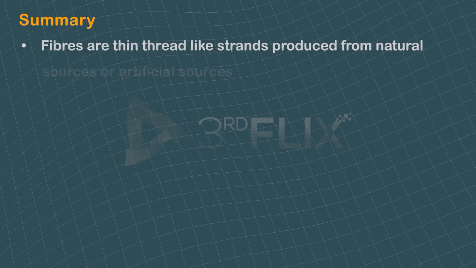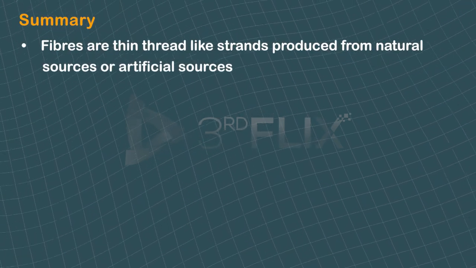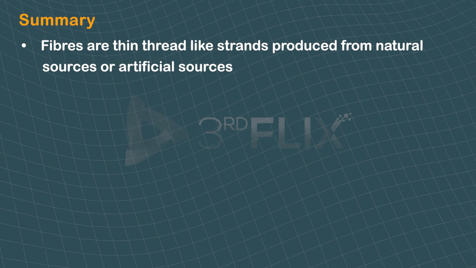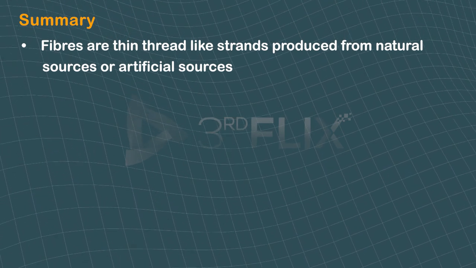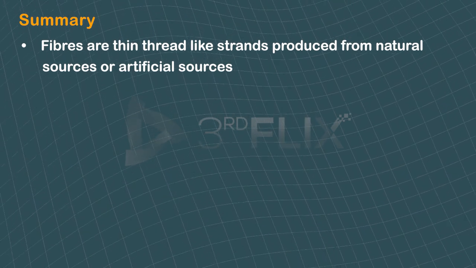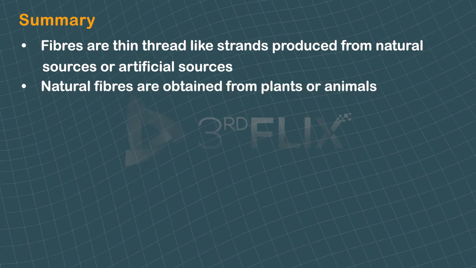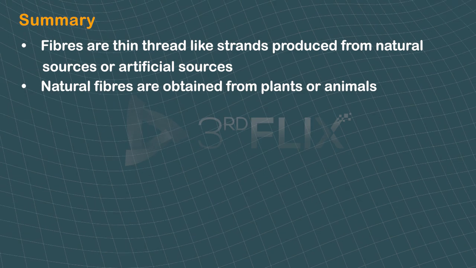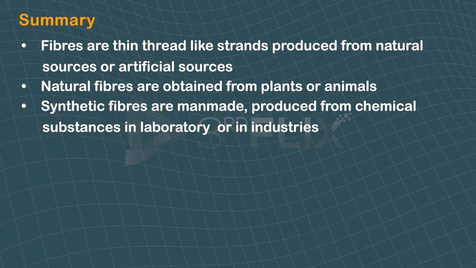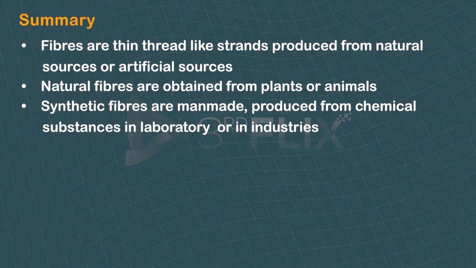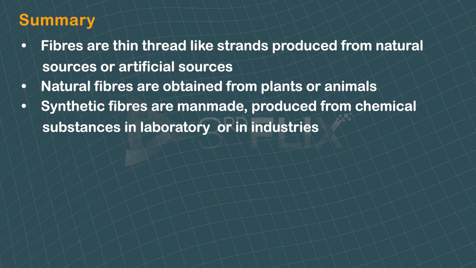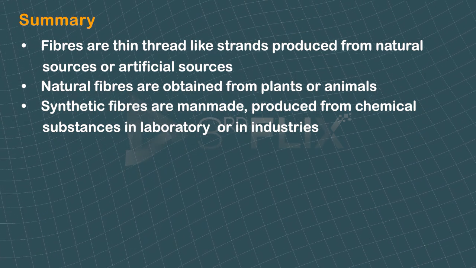Summary: fibers are thin thread-like strands produced from natural sources or artificial sources. Natural fibers are obtained from plants or animals. Synthetic fibers are man-made, produced from chemical substances in the laboratory or industries.